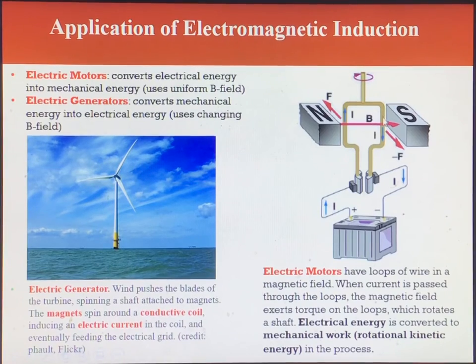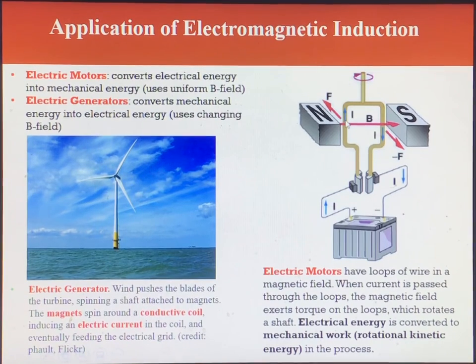Now on the right side of the loop, the current is going down. Because the current is going down and the magnetic field is pointing in the I direction, if you take the cross product, you get a force that is pointing out of the paper. So you have two forces with the same magnitude, but the point of application of the two forces is different.